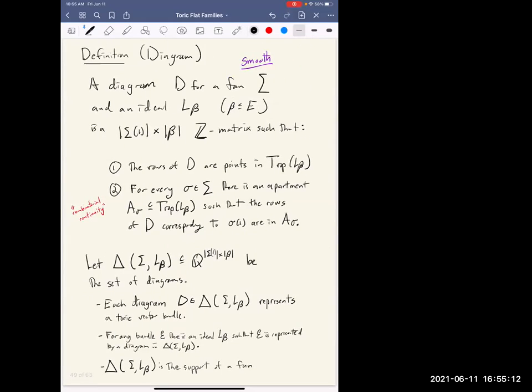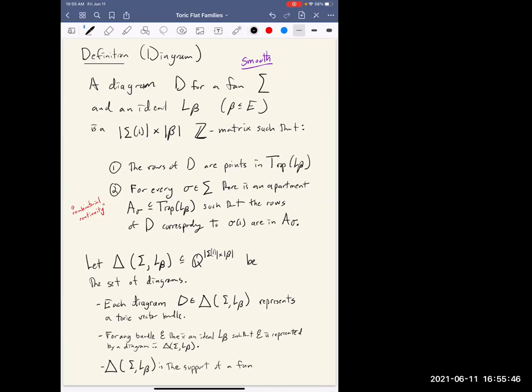So with those elements in hand, I'm now going to give a definition of the data that we use to parameterize toric vector bundles. I'm going to say a diagram for a fan sigma and a linear ideal L is an integral matrix with rows in bijection with the rays of the fan and columns in bijection with the elements of the spanning set that we talked about, that satisfies the following two conditions.